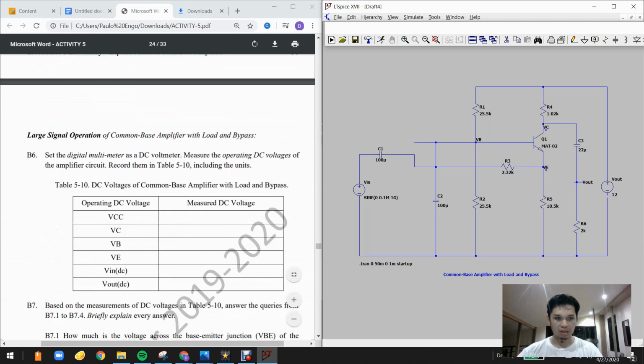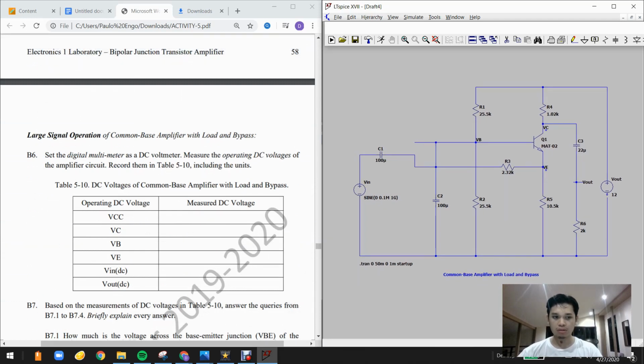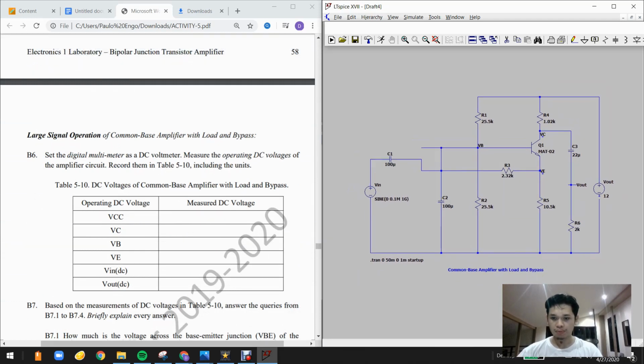You can get the voltages from this circuit.